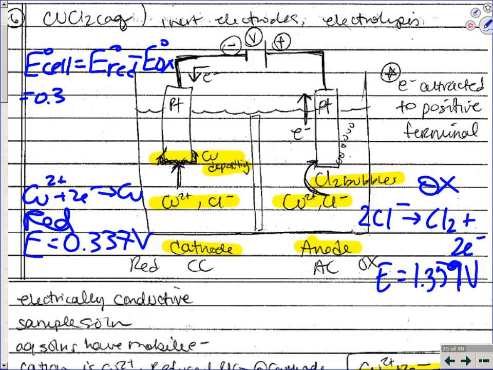Okay, so 0.337 volts. I'm going to subtract the anode, so that's 1.359. Can somebody calculate that real fast? What is it? 1.022.